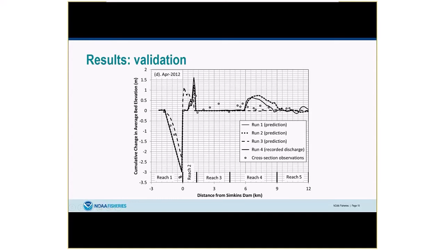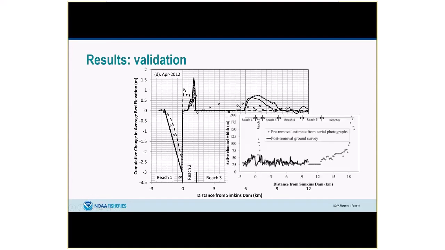But there's an additional reason Bloaty pool deposition is exaggerated in the model at this time and the previous time horizons. And that's because active channel width in this area was overestimated from aerial photographs. This is that area where I pointed to earlier, where the pre-removal estimates from aerial photographs of channel width were out of step with the actual field measured values.